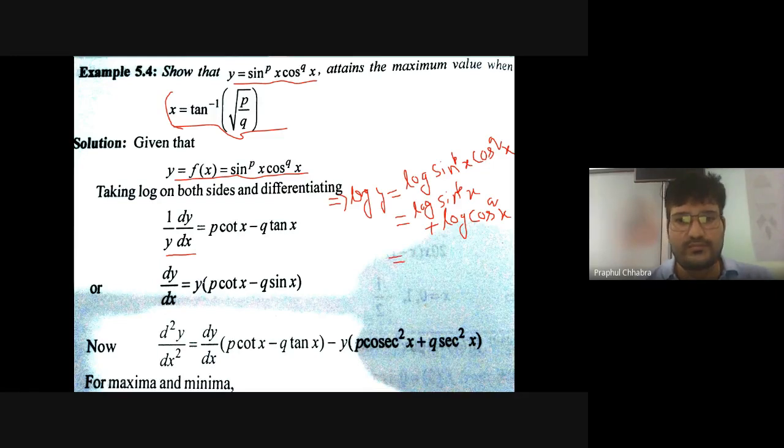Implies, अब यहाँ पे हम वापस log की प्रॉपर्टी लगाएंगे. log की प्रॉपर्टी क्या कहती है?